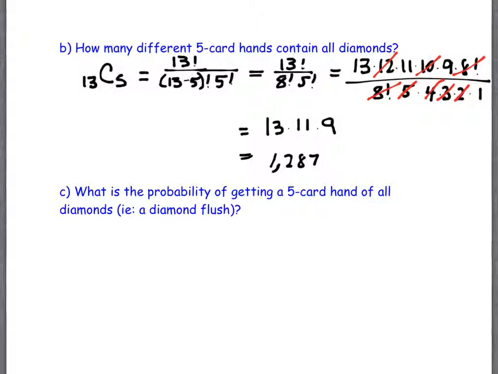But that's not very many compared to the 2 million I had before, right? And that's what part C is. Part C is what is the probability then of getting a 5-card hand of all diamonds. Well, how do we find probability? Over all possible outcomes.